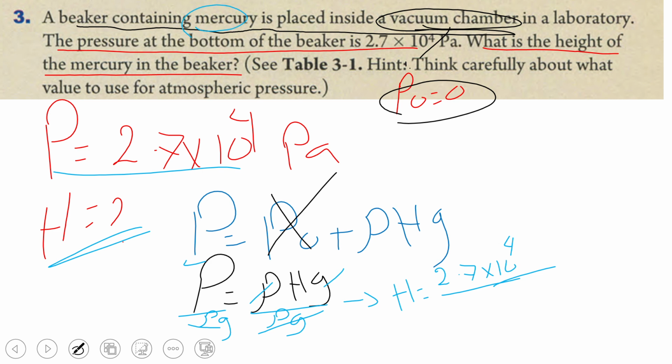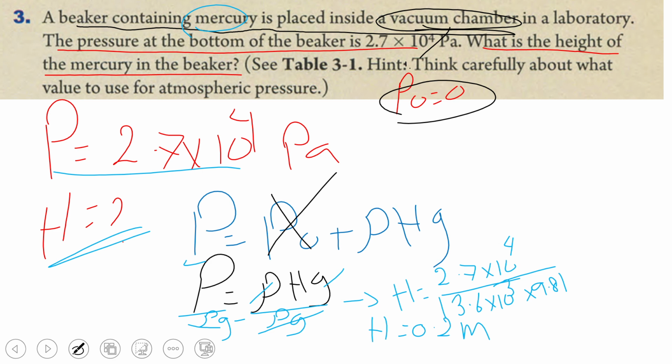Be careful, because the liquid in here is now not water, it's mercury. So the density of the mercury is 13.6 times 10 power 3, and times g, the acceleration, still 9.81. You can use a calculator. So the last answer, the height of the mercury, is equal to 0.2 meter.